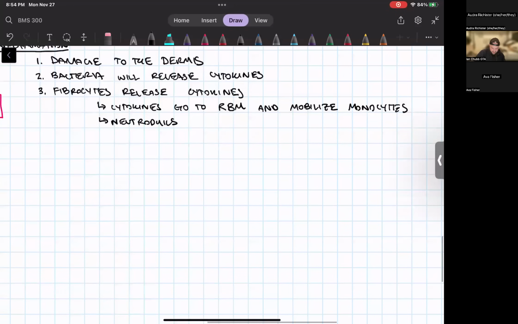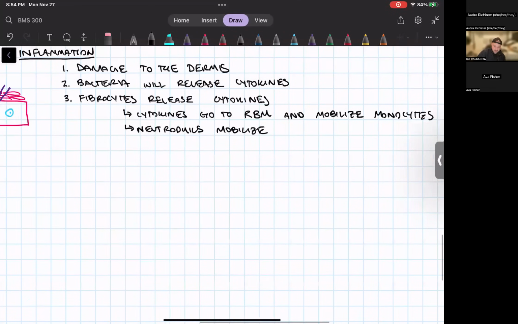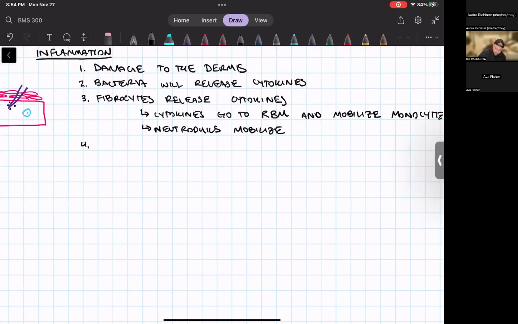But the neutrophils will mobilize as well, and then they're going to leave and enter that same area. So we can say 4 will be monocytes and neutrophils enter circulation.